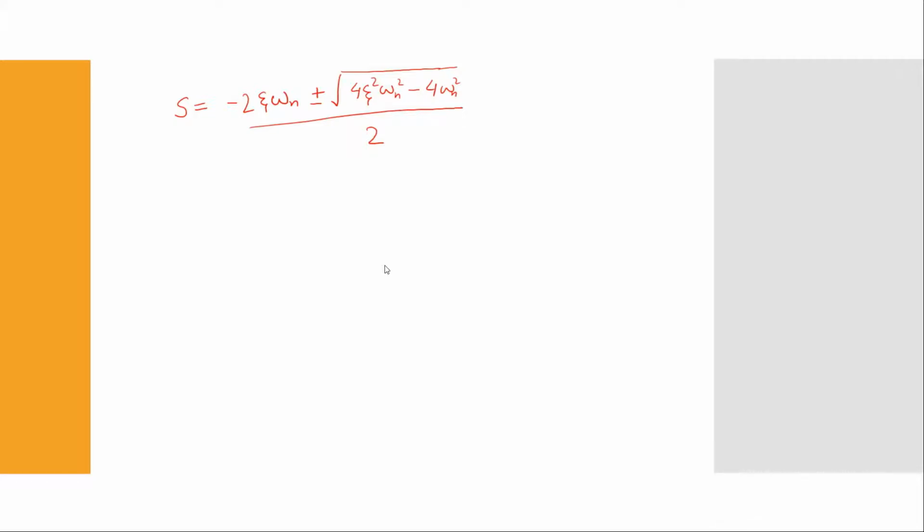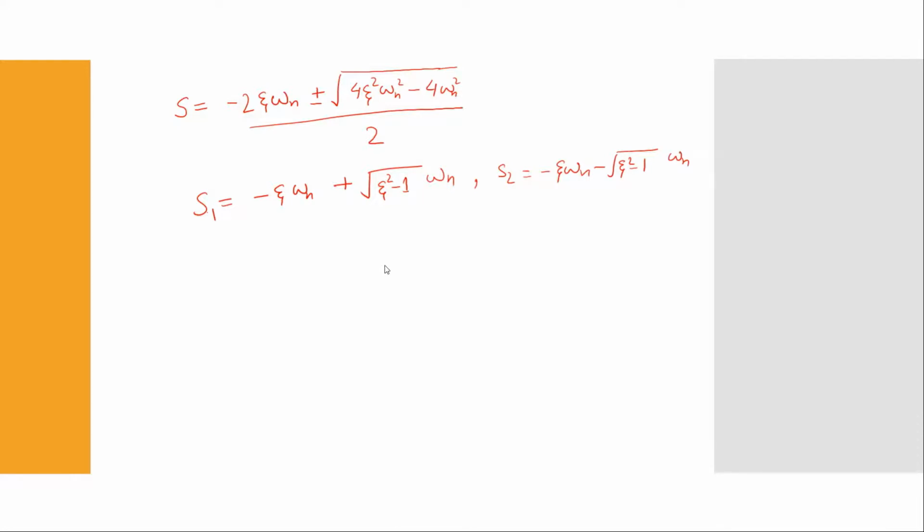So we can say that s1 would be equal to minus xi omega n plus under root xi square minus 1 into omega n, and s2 would be equal to minus xi omega n minus under root xi square minus 1 into omega n.